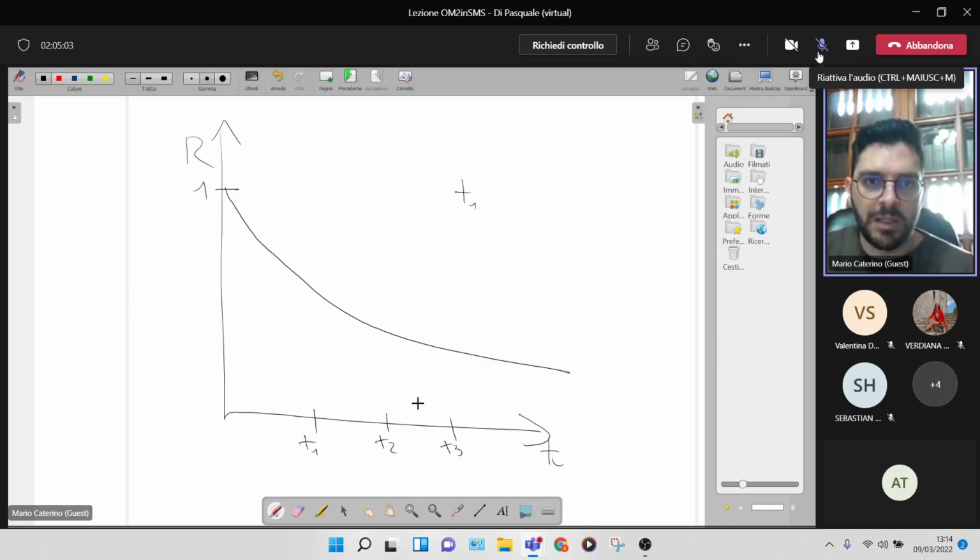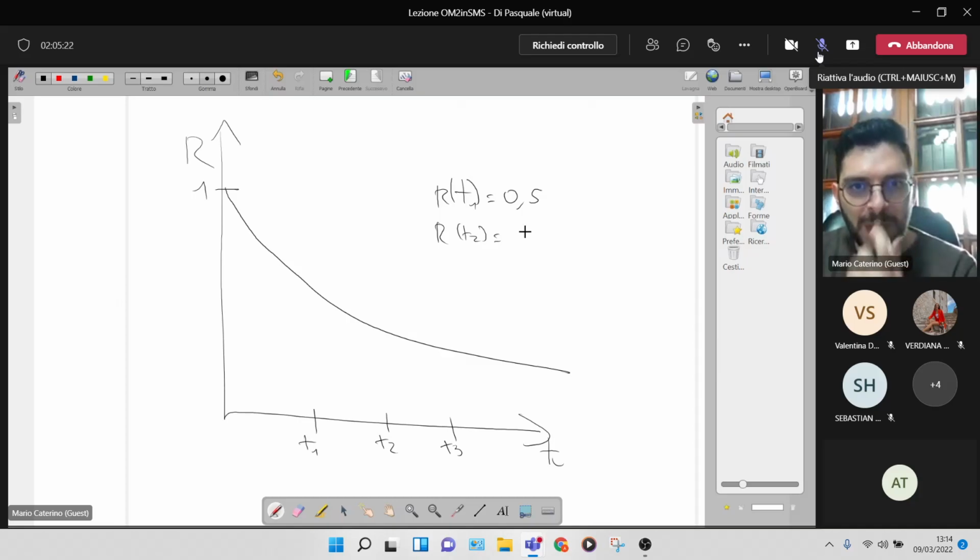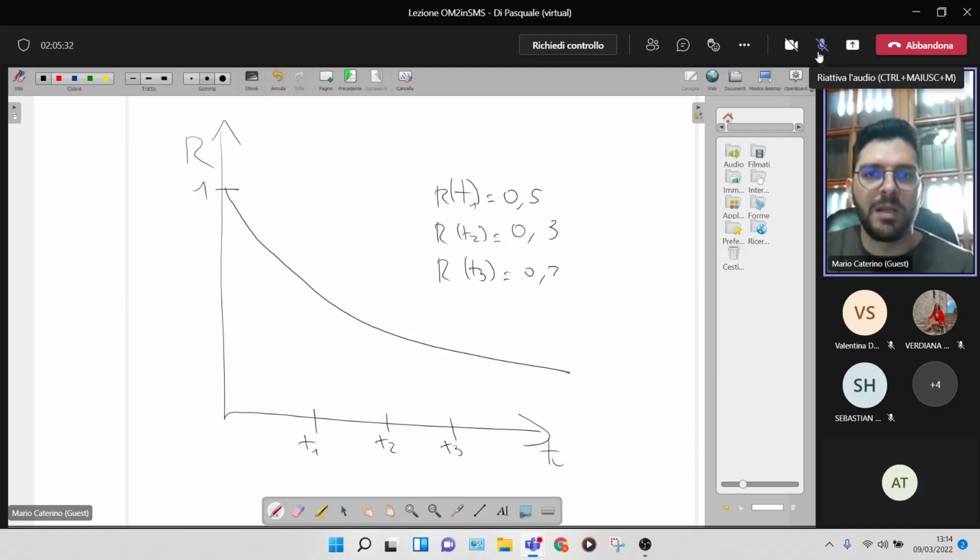Okay, so R of T1 is equal to, let's say, 0.5. R of T2 is equal to 0.3, and R of T3 is equal to 0.2.